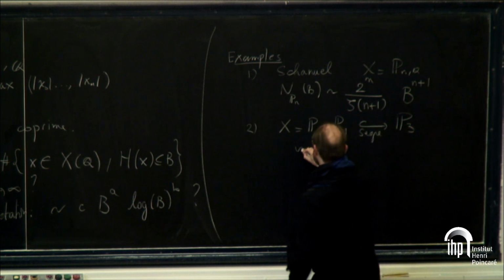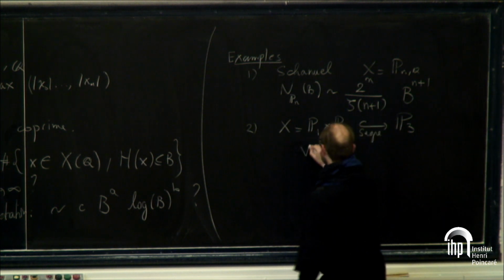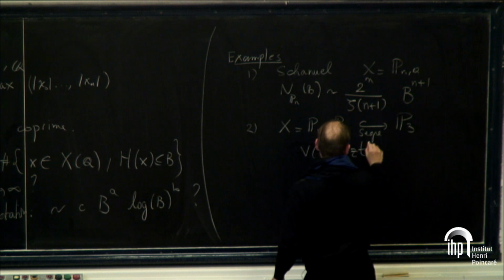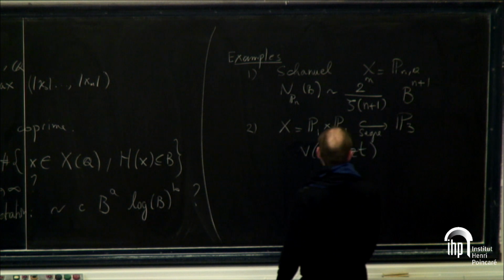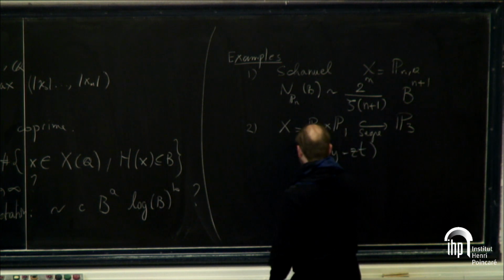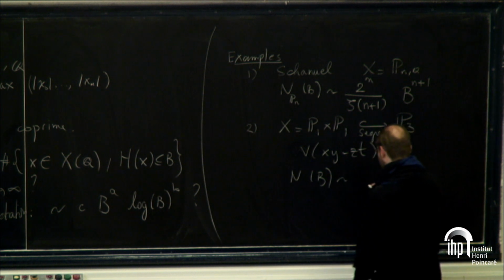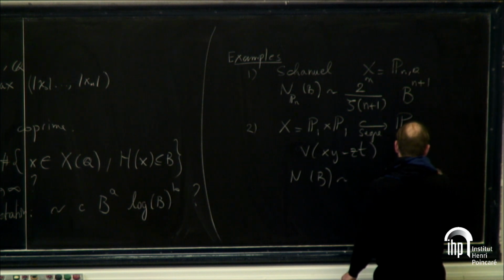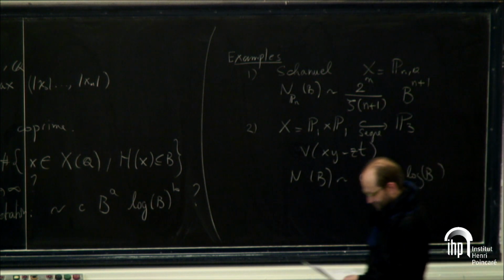The image is just the hypersurface xy = zt. Then N(B) is B times log B, times some constant which I do not remember, and I did not take the time to compute it yesterday night.